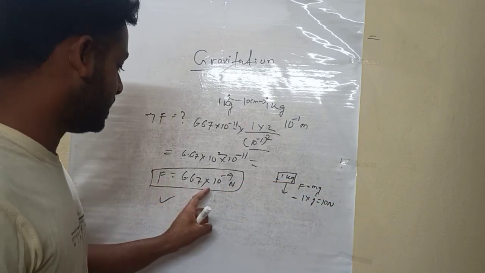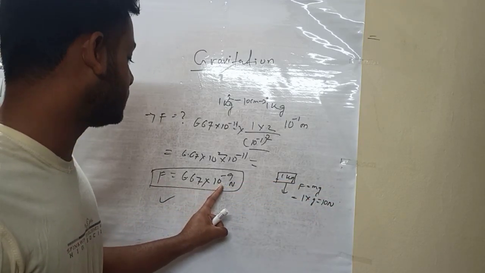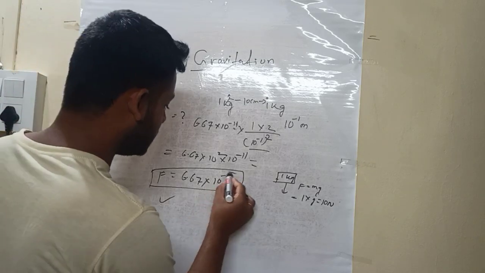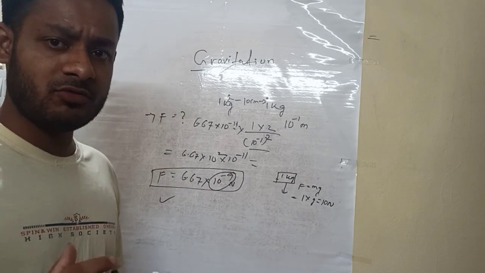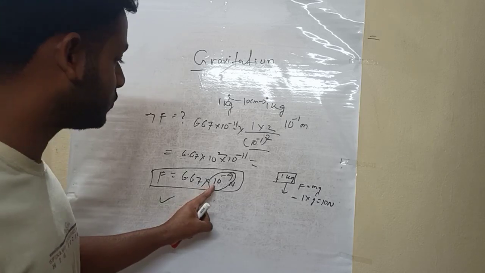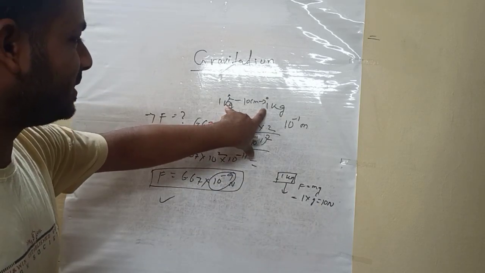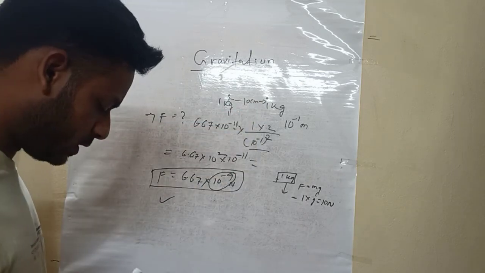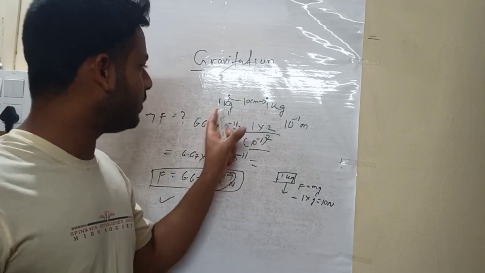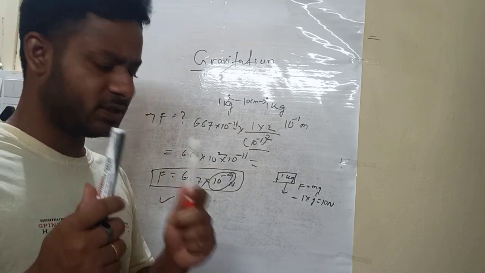But in this case, it is 10 to the power minus 9 Newton. Can you imagine how much less force this is as compared to that? If they are placed at this distance, there is very little force. So that's why everybody doesn't attract.